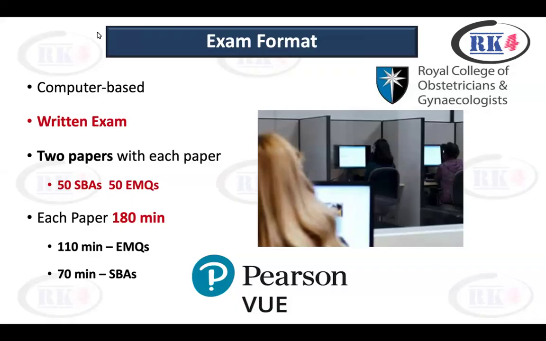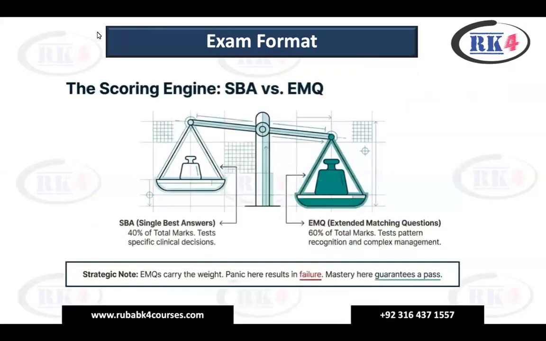So that's the thing. The SBAs' weightage is about 40% of the exam paper. So if you have solved 100 SBAs in both the papers, that is just the 40%. And EMQs are the 60% weightage for the exams. Now there is a basic difference between single best answers and extended matching questions.